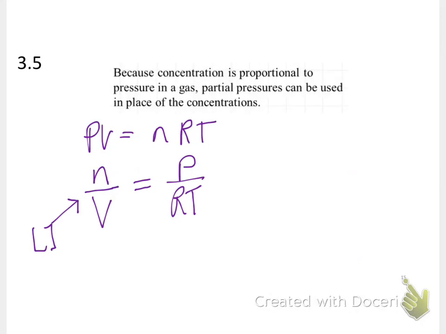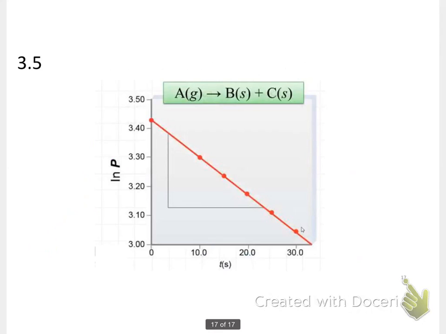But at any given temperature, R and T are always going to be the same. So I can use pressure instead of concentration. And here's an example plot. I'm taking log of pressure versus time. And again, I get the straight line plot, and the slope is the negative of my k. Okay, so we're going to stop there.